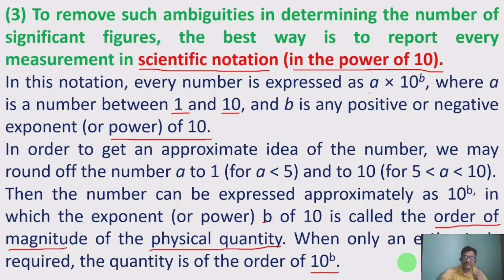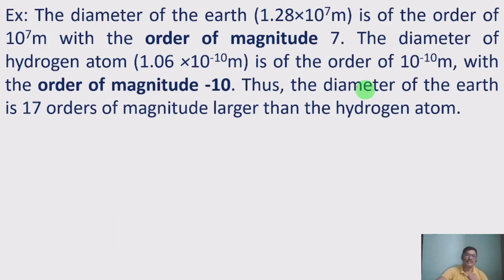Here's an example: the diameter of the earth is 1.28 times 10 raised to 7 meter, which is of the order of 10 raised to 7, with the order of magnitude 7.